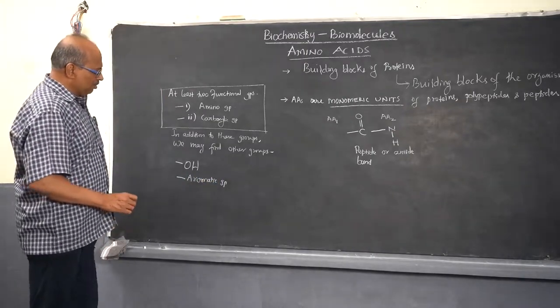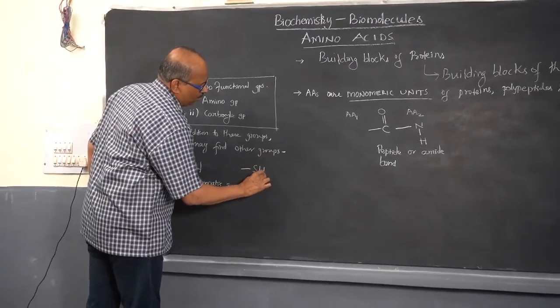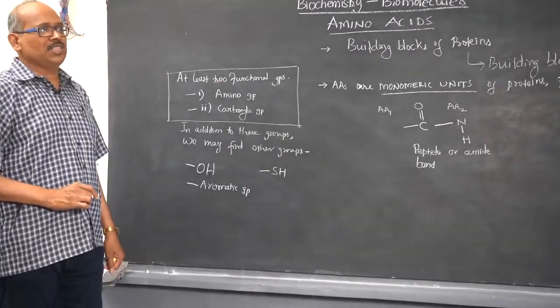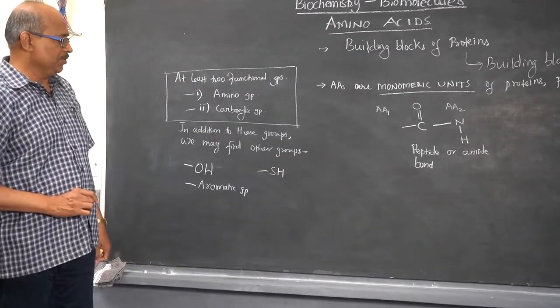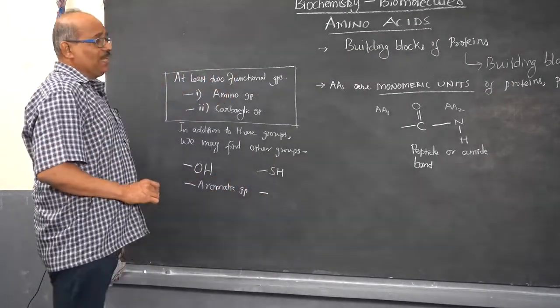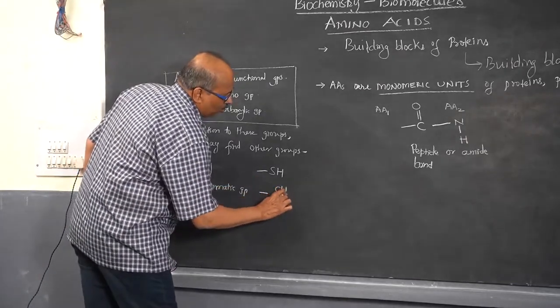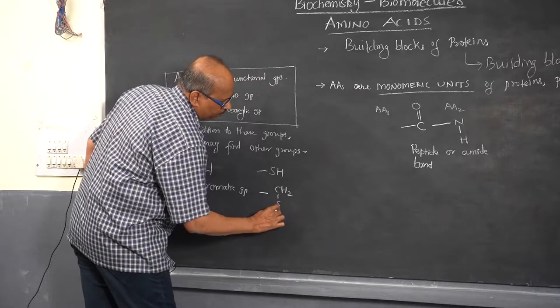If you consider cysteine, you have a thiol group or sulfhydryl group. If you consider methionine, you have a thioether group.